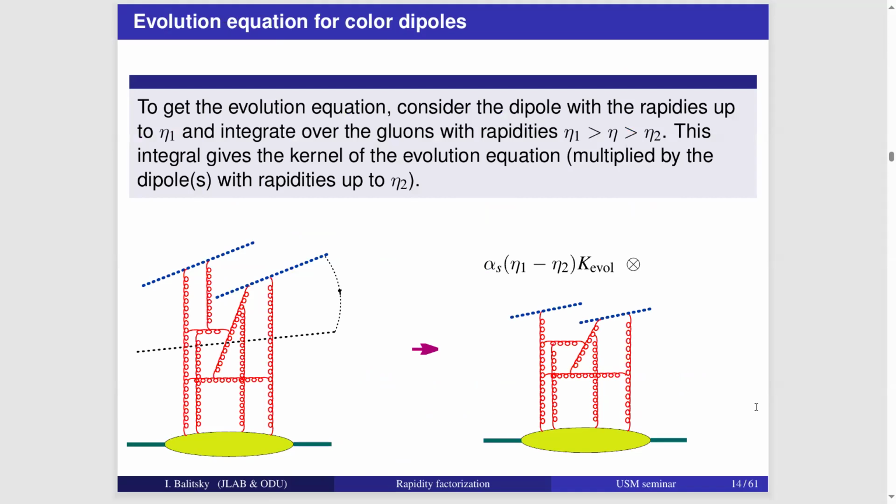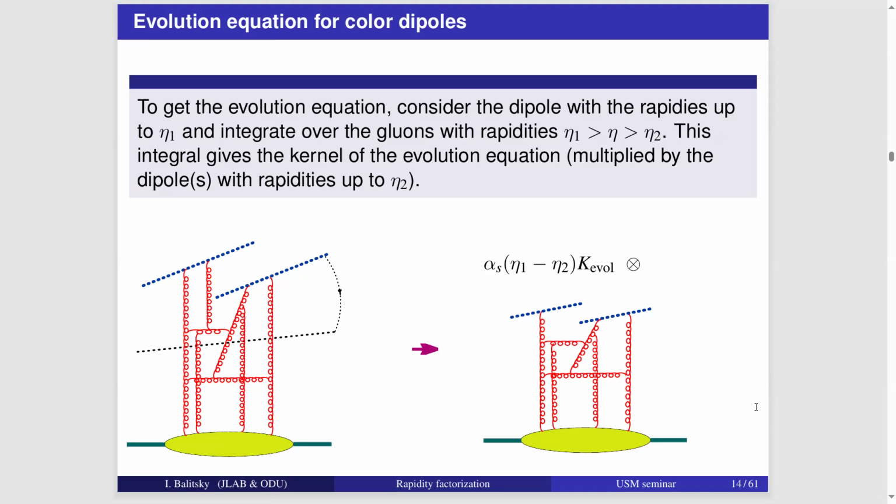How to get evolution equations for colored dipoles? The same way you get the DGLAP evolution equation for the splitting function. You say, okay, I have here gluons with rapidity up to eta 1. I integrate over a small region of rapidity between eta 1 and eta 2. I again get Wilson line operators times some kernel.